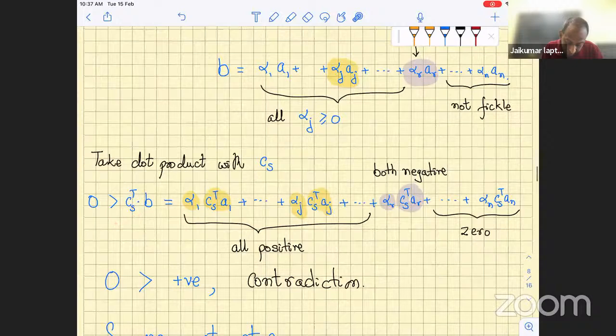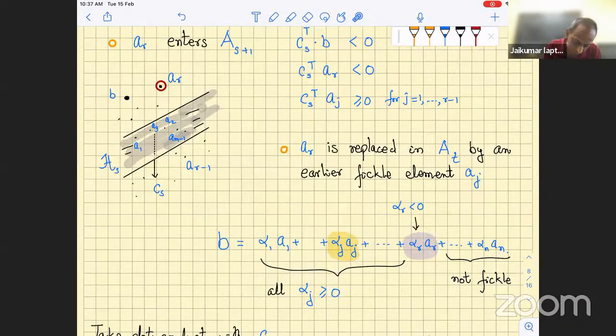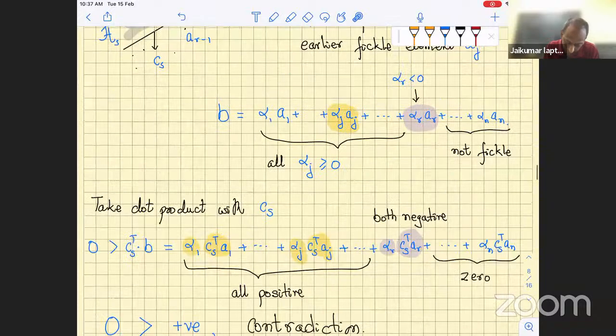Whereas A_R was the first fellow at that point. So let us take the dot product of C_S with the right hand side here, and quietly analyze what happened. This quantity was definitely non-negative because A_R was the first one who wanted to enter.